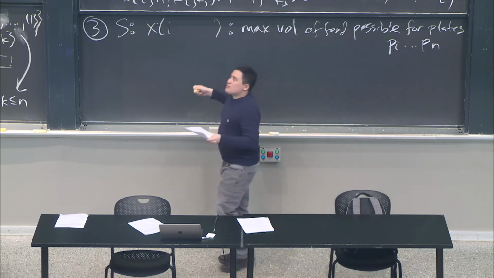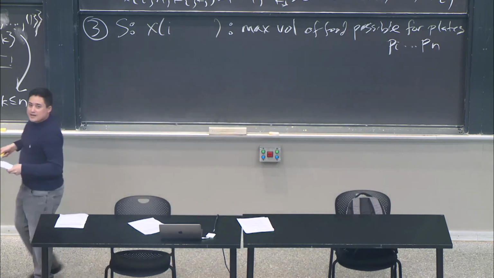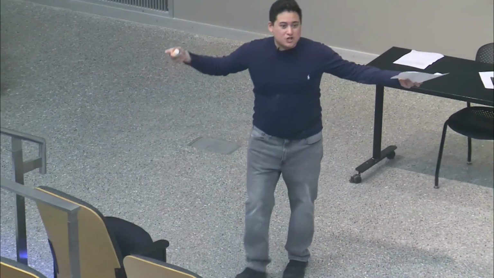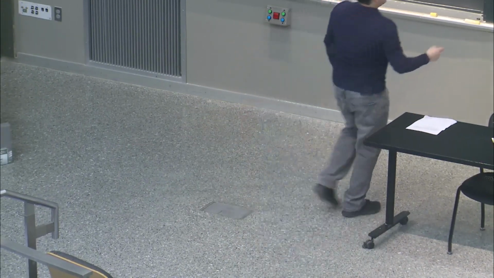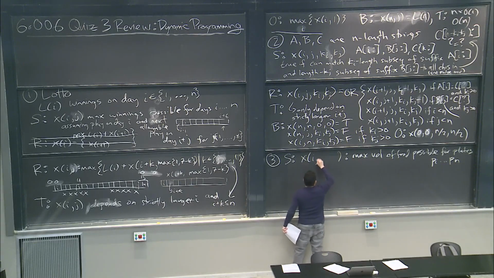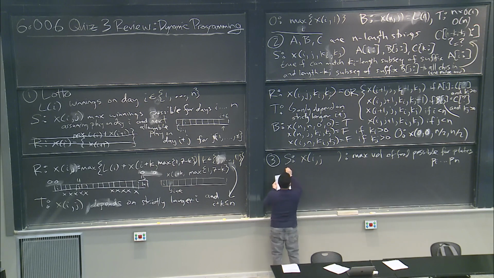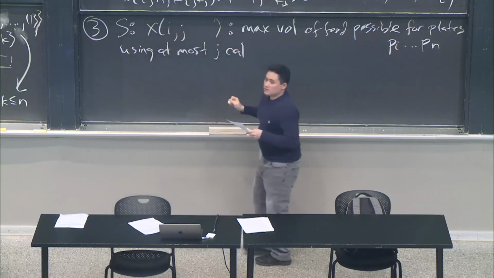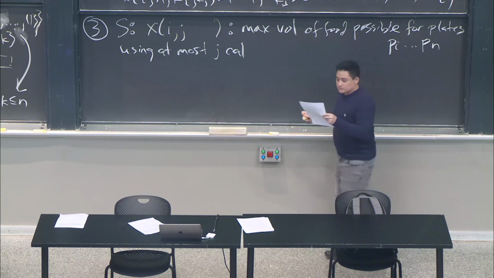But do I need to remember information along the way? Yeah, just like with subset sum or knapsack, I have this calorie limit, right? So it's going to be really useful for me to know how many calories I've already eaten or how many calories I have left in my budget, right? So let's say J, using at most J calories from the remaining dishes.